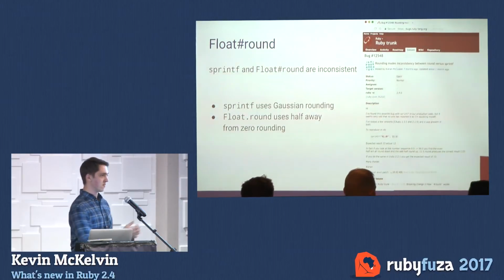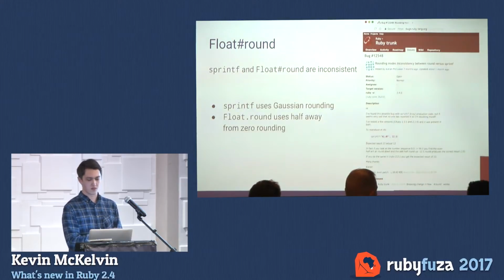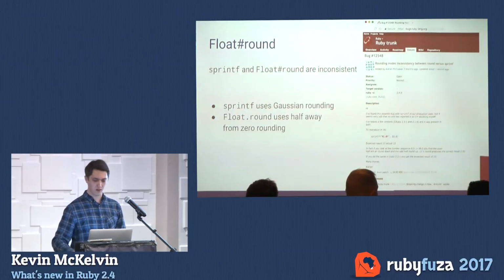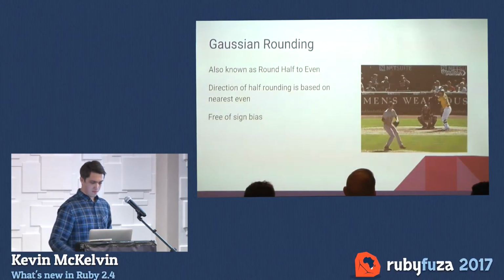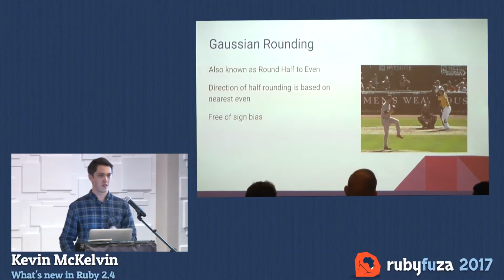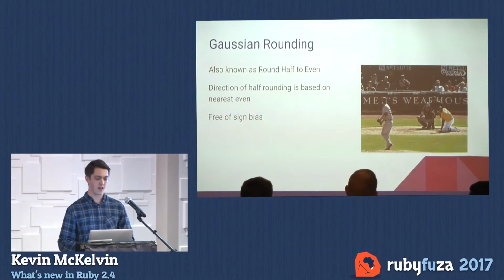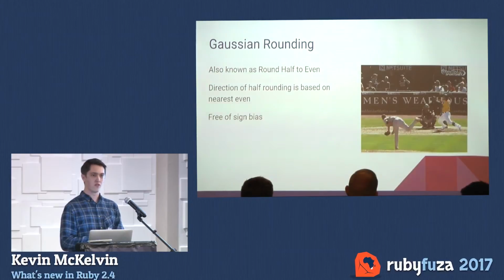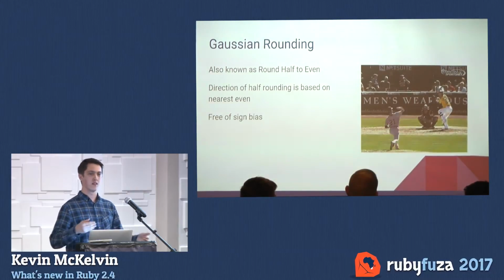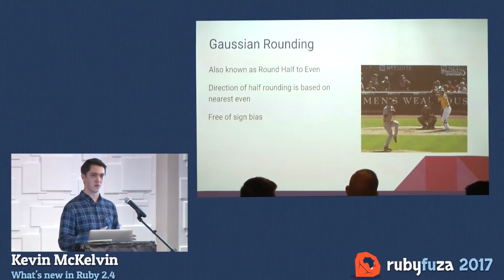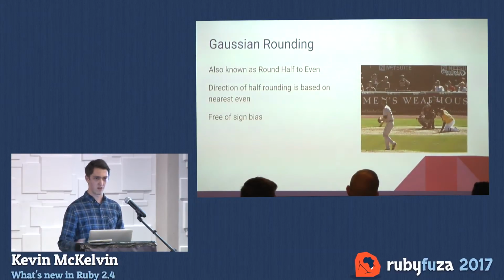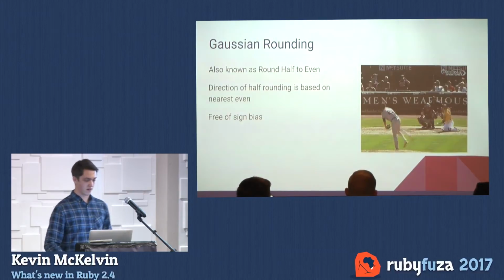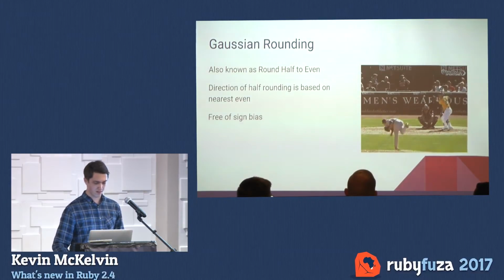Because of the disparity, they wanted consistent rounding in floats. The motivation for Gaussian rounding is that it doesn't have any bias based on sign, so negatives won't round away from 0. If you're in a negative space, stats won't get shifted away from the sign or towards the sign. It's supposed to be free of bias for that. That's why this is a preferred way in many cases.